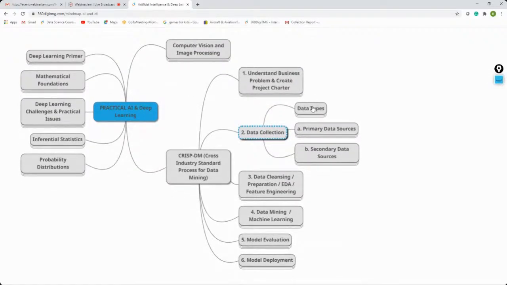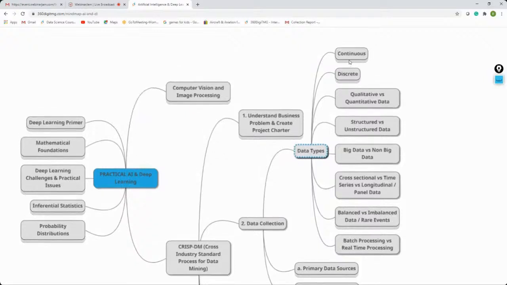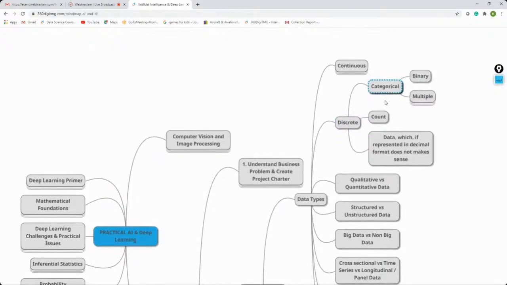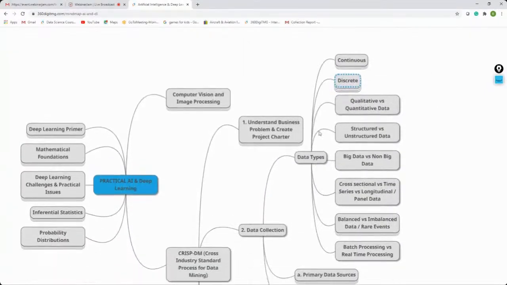As part of data collection, we have various data types. We discussed yesterday continuous data and discrete data. Within discrete, we discussed categorical data, binary and multiple, and count data. Alongside this, we have also discussed qualitative versus quantitative, structured versus unstructured, big data versus non-big data, cross-sectional, time series versus longitudinal panel data, balanced versus imbalanced data, and batch processing versus real-time processing.